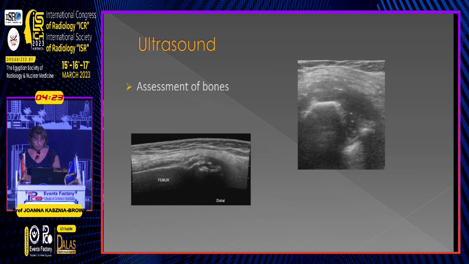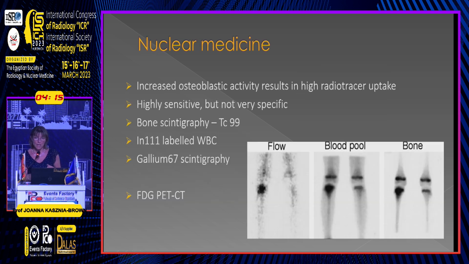And another example of the erosions and the changes within the distal femur and the infection extending into the joint. We also have the nuclear medicine that Tim was talking about before, that is very useful in looking at the infection. We can use the bone scintigraphy with Tc-99 or with labeled white blood cells.